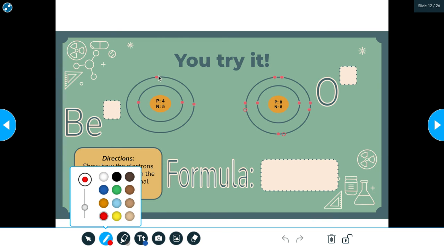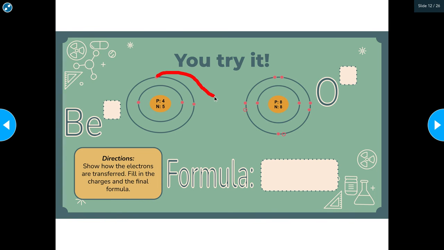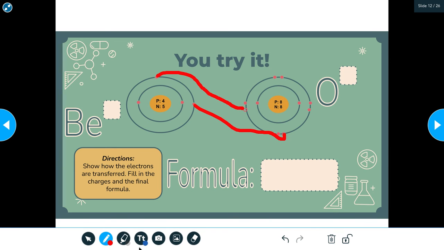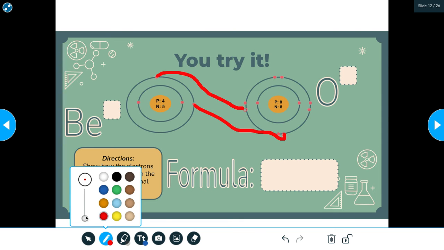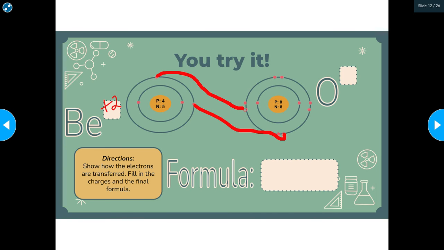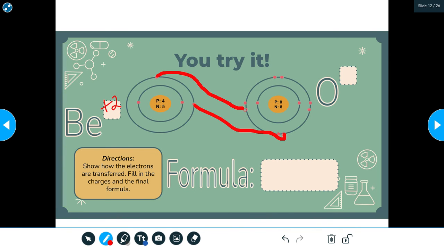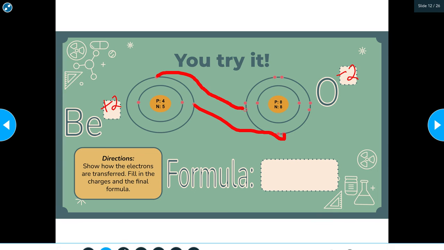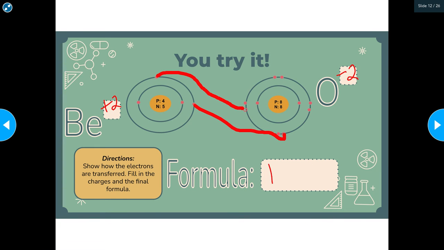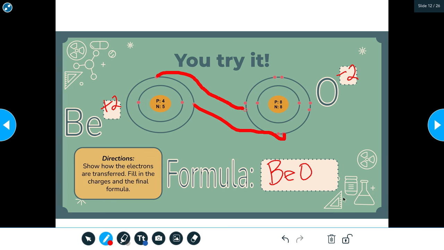And you're going to show moving the electrons over from your metal Be to your nonmetal O. Be becomes positive. So since it loses 2, +2, O gains 2, it becomes -2. And then the formula is BeO, 1 Be, 1 O.